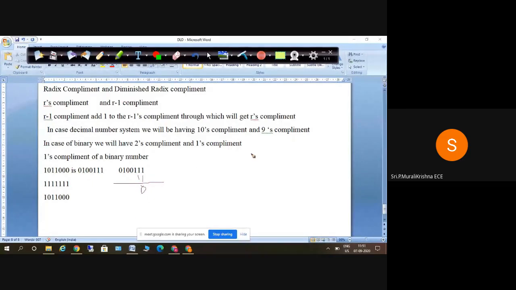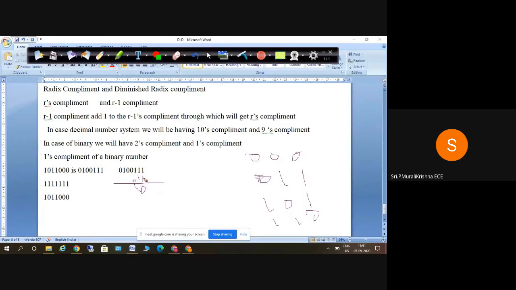When dealing with binary, the addition rules are: 0 plus 0 is 0, 0 plus 1 and 1 plus 0 is 1, and 1 plus 1 is a sum of 0 and a carry of 1, which is carried forward to the next position.